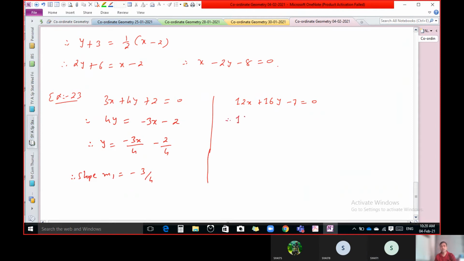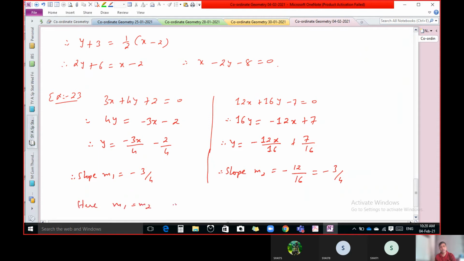Similarly, here 16y equal to minus 12x plus 7, so y equal to minus 12x upon 16 plus 7 upon 16. So what is m2 here? Minus 12 by 16, that means minus 3 upon 4. Here m1 equals m2, therefore the two lines are parallel.